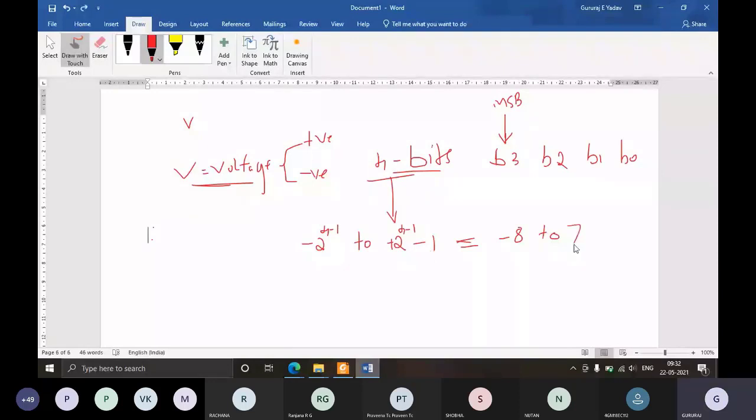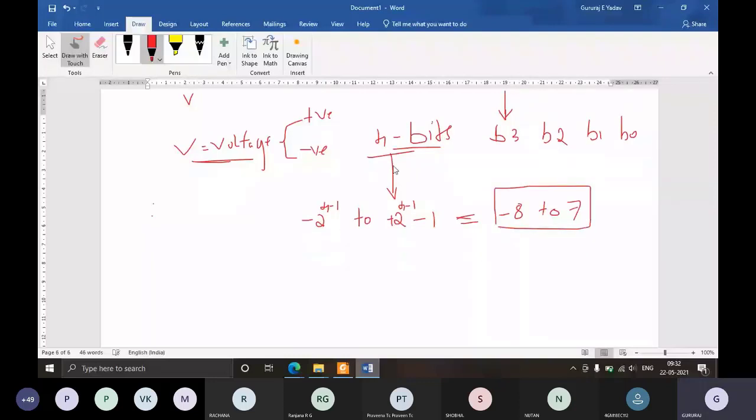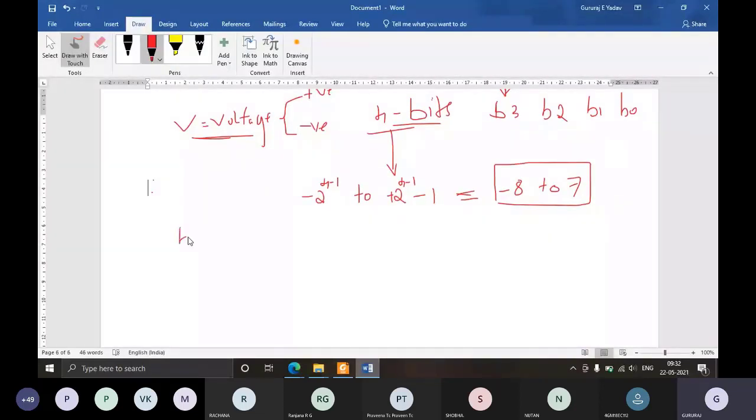So the range is minus 8 to plus 7, using 4 bits and signed values, since we are representing a voltage. I'll write these bits B3, B2, B1, B0. You can represent up to plus 7, and up to minus 8.